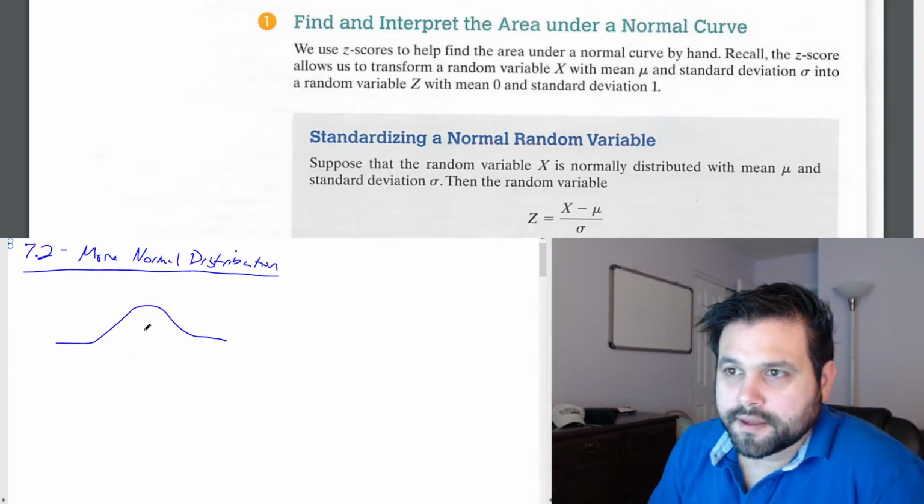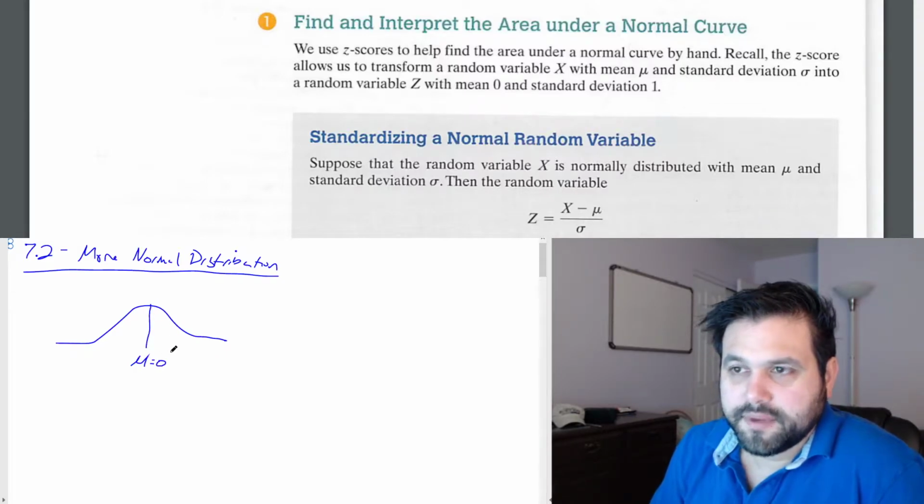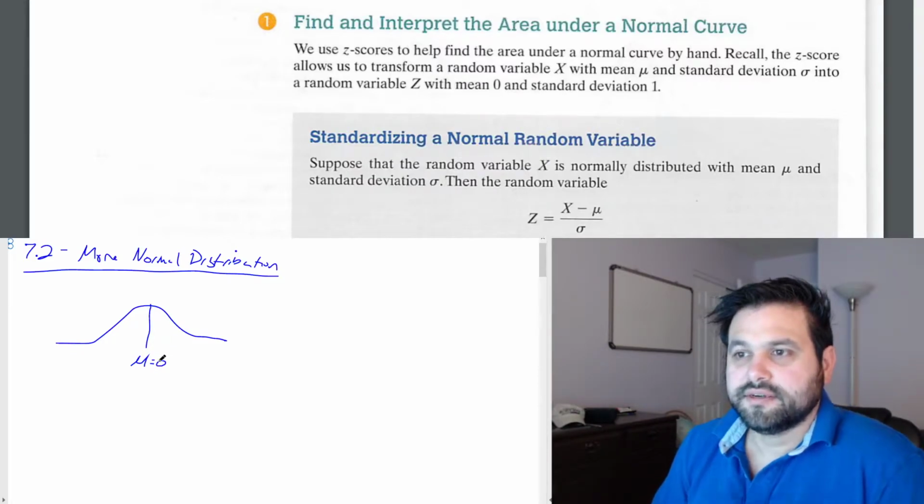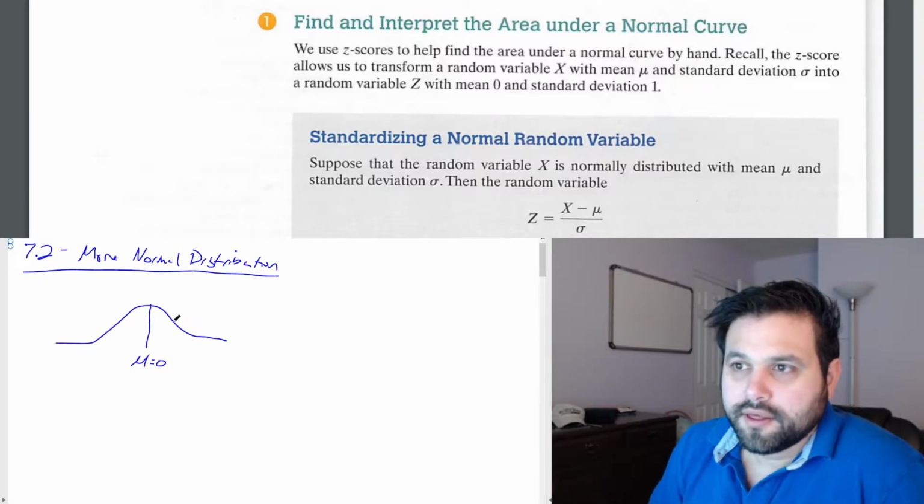So if there is mean 0 right there in the middle, right? Mean always goes in the middle of these distributions, and then the standard deviation is 1, then if we add the standard deviation, we're now at 1.